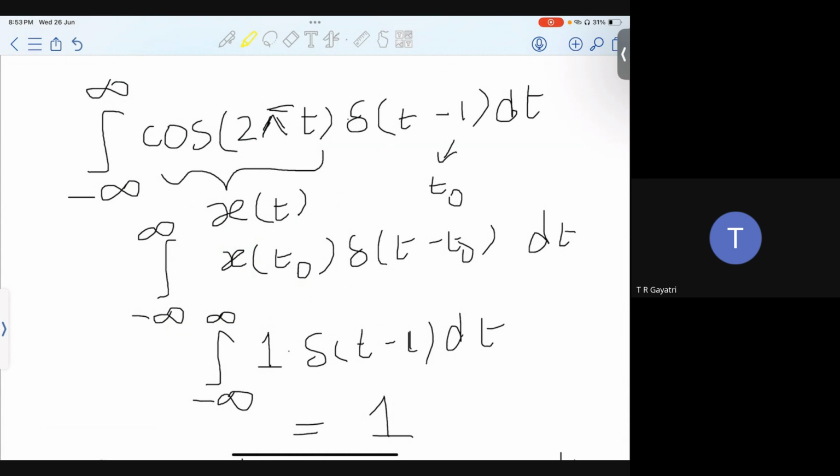But yes, four weeks of content will be tested in the quiz. I don't know if I'm allowed to give the format of the question paper. Usually we do that at the institute, but since I don't know, I'm not going to touch that part.